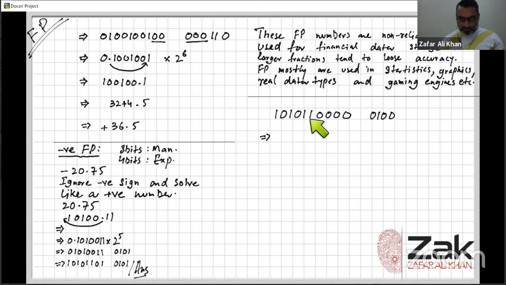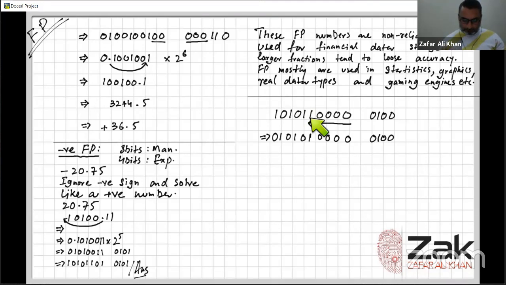So we do the same. We kept the exponent the same, and to the first one we keep it the same in the mantissa and toggle the rest. So this is the positive form of this negative floating point number. Now let's solve it this way.